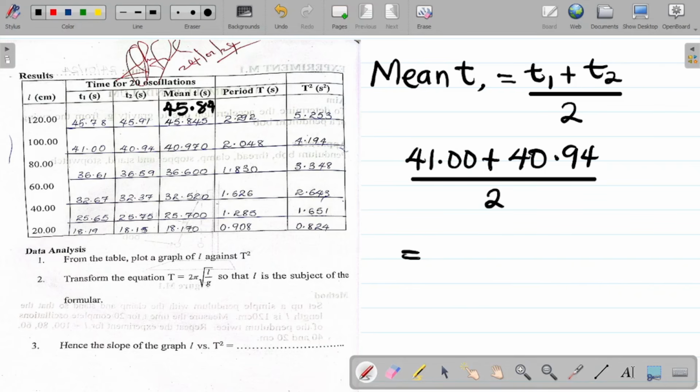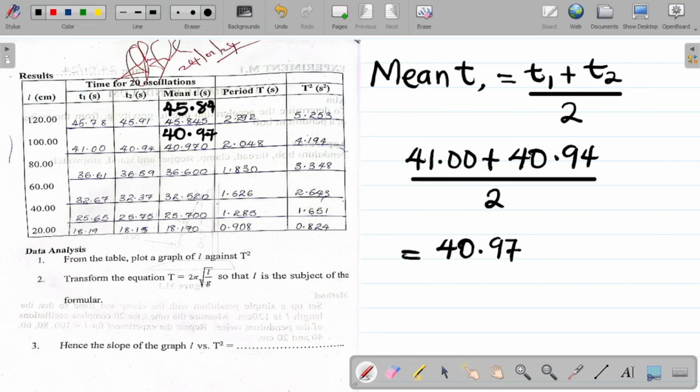Let me punch my calculator. I have 41.00 plus 40.94 all over 2. That's about 40.97. Alright, so this should be in two decimal places, not 40.970. Just leave it at 40.97.